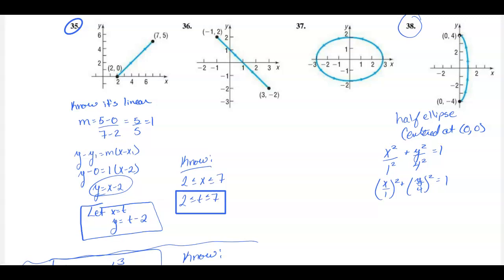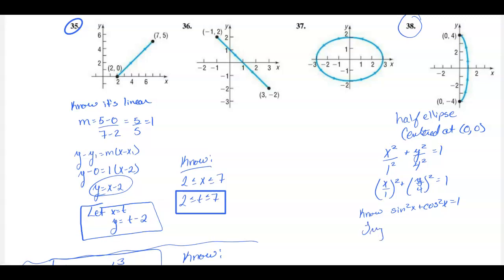So once again, we're going to relate everything with sine squared plus cosine squared is equal to 1. If we look at this graph, to me, this looks like it would probably go from negative pi over 2 to pi over 2.